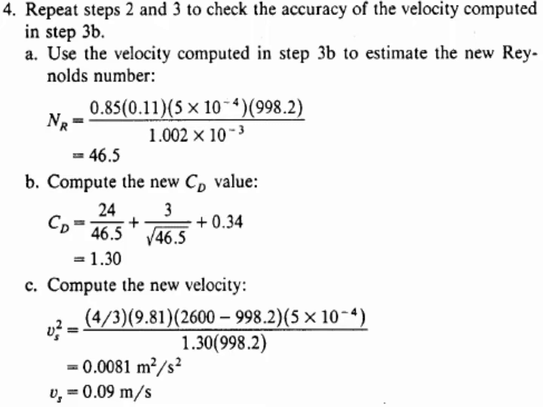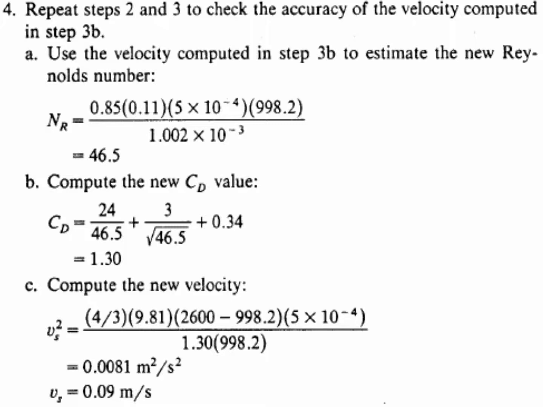And then you put it into the settling velocity formula, the same formula as before: 9.81, 2600 minus 998.2, times the diameter, 5 times 10 to the negative 4, over 1.3, that is the drag coefficient, times 998.2. From here you will find a settling velocity of 0.09.